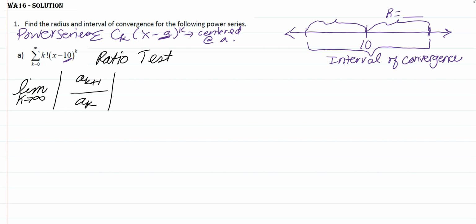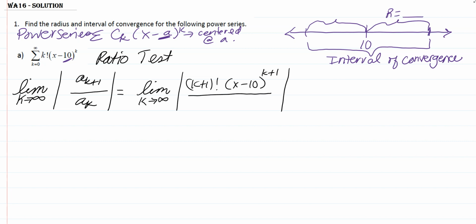So we are looking at the limit as k goes to infinity of the absolute value of (k plus 1) factorial times (x minus 10) to the k plus 1, divided by k factorial times (x minus 10) to the k power.